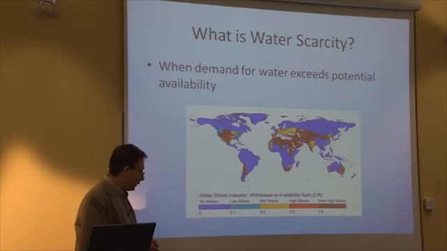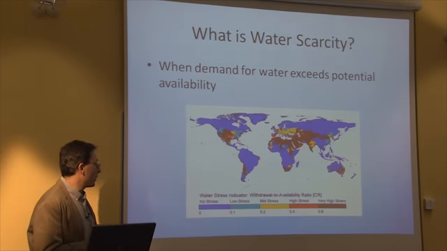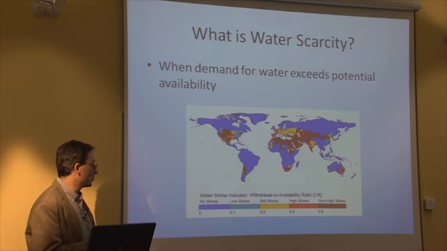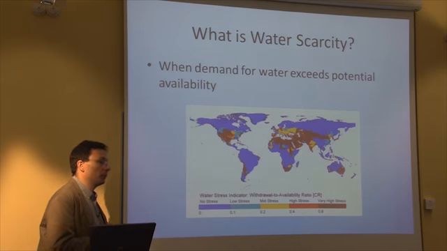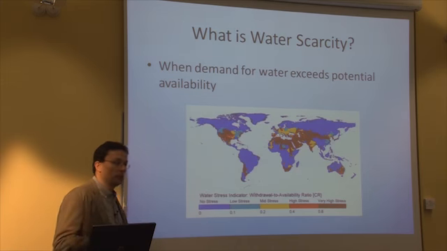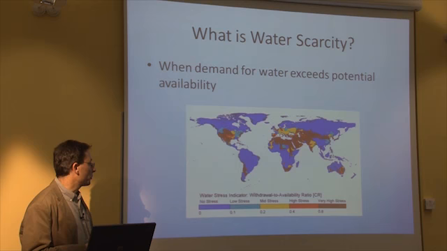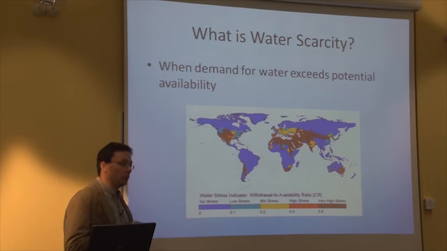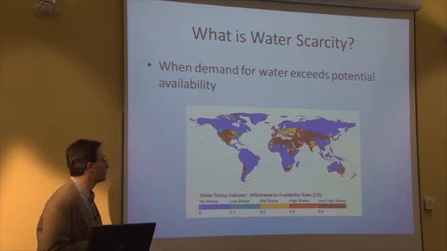And the generally considered threshold for water stress or water scarcity is around demand being about 40% of the available water, because water is required for other functions as well. And 40% is normally the easily available fraction of the total water supply.